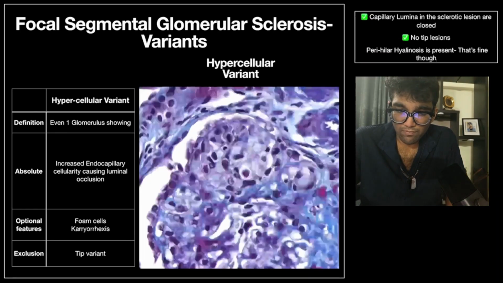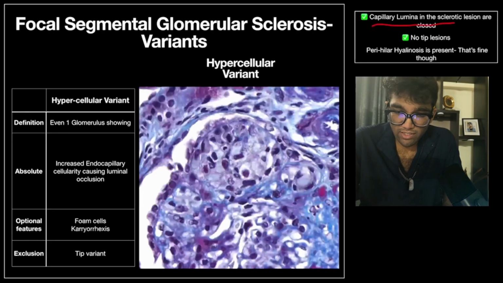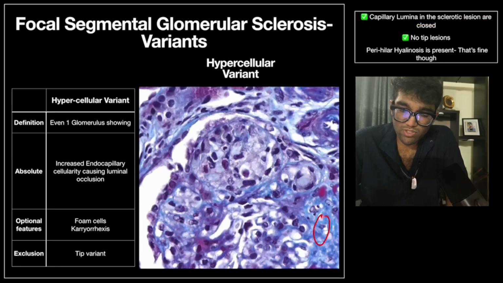So here what you can see is that the capillary lumina in the sclerotic lesion are closed. You can't really see any capillary lumen here. Maybe this is one capillary lumen. Now this image is slightly different in color because the trichrome stain has been used, and I'm not going to go into details of that right now. But essentially, collagen takes up a blue stain on trichrome. So all of this blue is collagen.